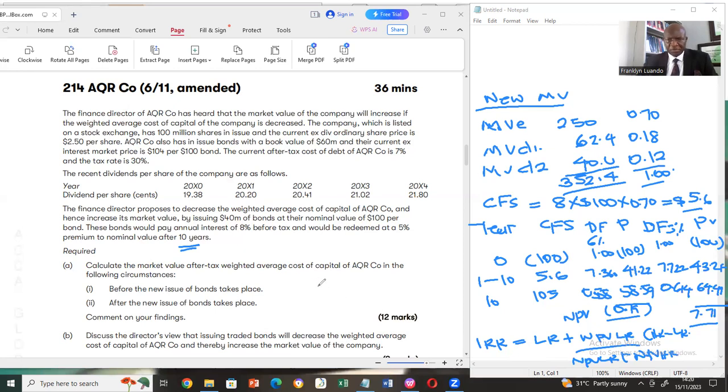The lower rate there is 5%, plus NPV at the lower rate is 7.71, divided by NPV at the lower rate, 7.71, plus NPV at the higher rate, 0.19, times higher rate 6% minus lower rate 5%.